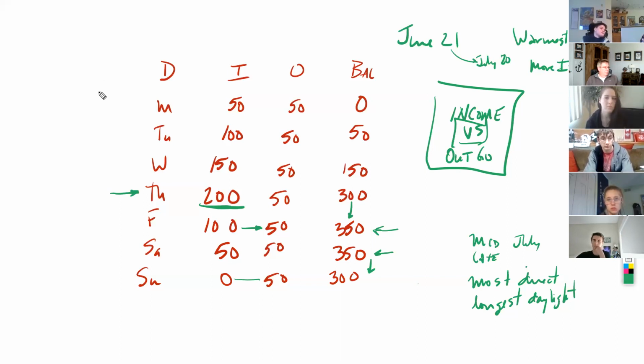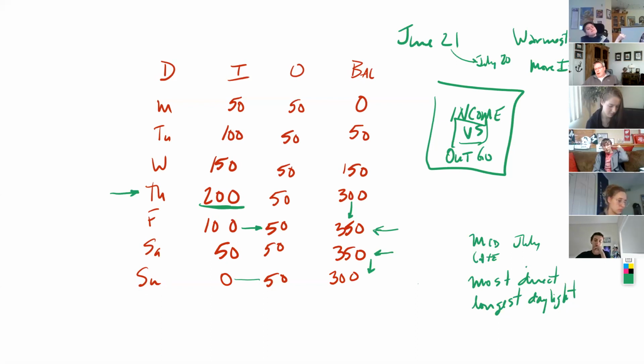Yeah, sometime like mid-January. What's happening from the winter solstice to mid-January? The balance just keeps going lower, because you get a lower income against a higher outgo. You're losing more heat than you gain.